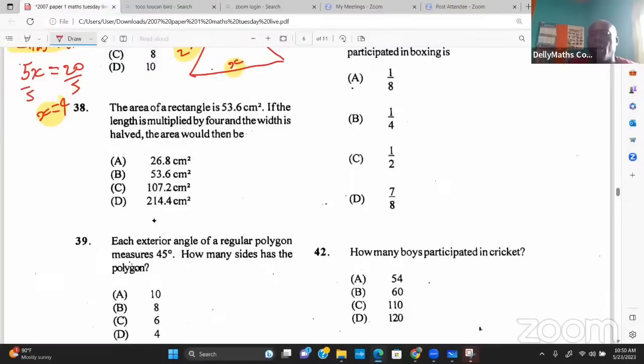Now, we're saying that we understand that length times width does give us the area of a rectangle. And this was 53.6. So what we're suggesting is that if this is halved, right? So we were told that the length was multiplied by 4 and the width was halved.